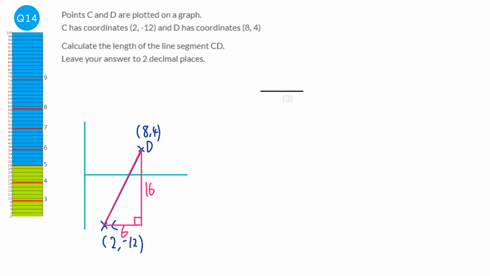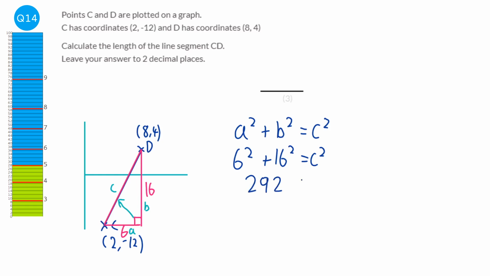So for Pythagoras, label the sides A, B and C, with C being the one opposite the right angle. And we write down Pythagoras' theorem, which is a squared plus b squared equals c squared. A squared we've said is 6, b is 16, and 6 squared plus 16 squared is going to be 292.